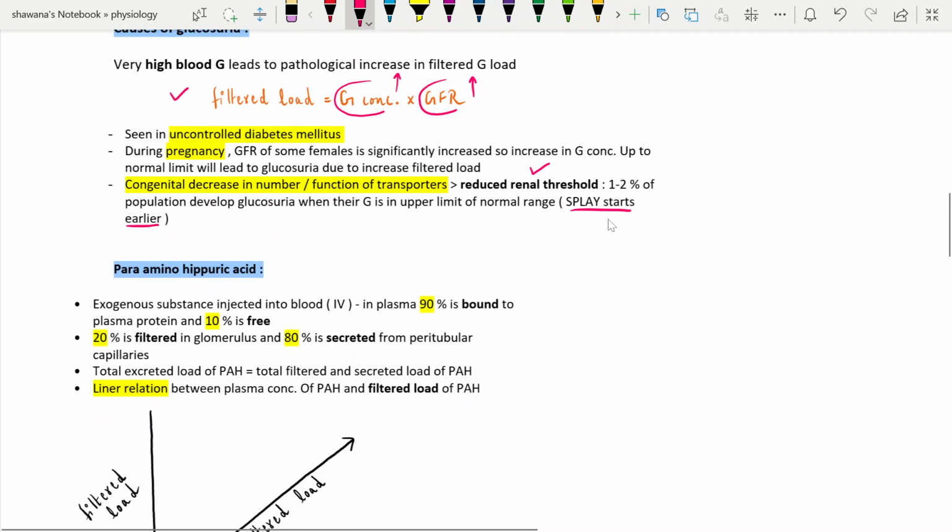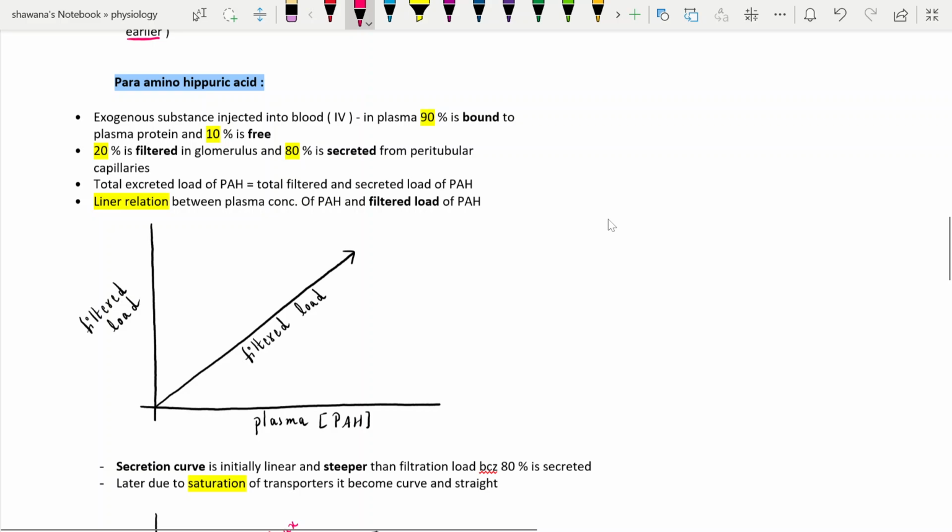A very important exogenous substance known as para-aminohippuric acid is of great importance in renal physiology, and it is injected into the blood intravenously. When para-aminohippuric acid is in plasma, it is 90% bound to plasma proteins and only 10% is free.